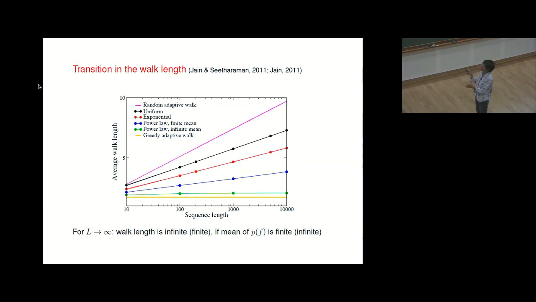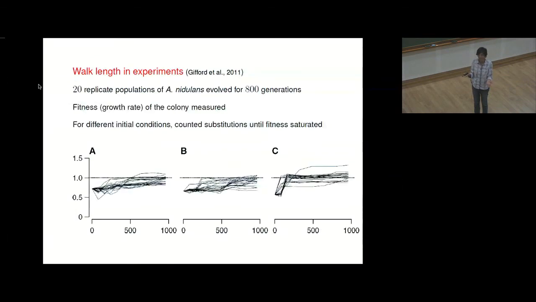So this one is an experiment on some yeast. What these guys did was to just let their population evolve, setting up population trajectories for different plates. And then they see that the fitness is sort of saturating. And it's possible to figure out how many substitutions happened till the fitness reached a plateau. Reaching the plateau means it got stuck at the fitness peak. Starting from here, they figure out how many adaptive substitutions happen.